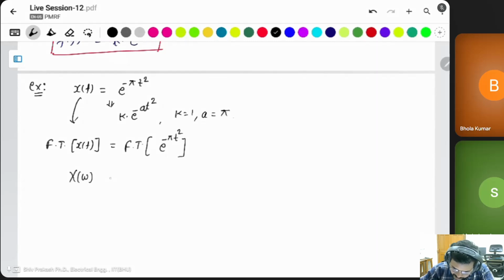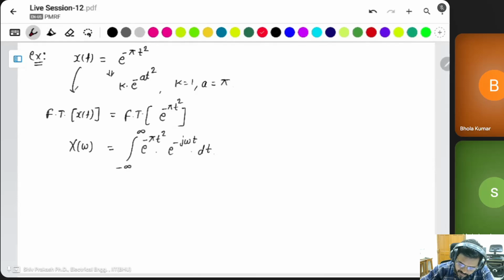This will be X(omega). You know the Fourier transform formula: integral from minus infinity to plus infinity of x(t), that is e to the power of minus pi t square, into e to the power of minus j omega t dt.